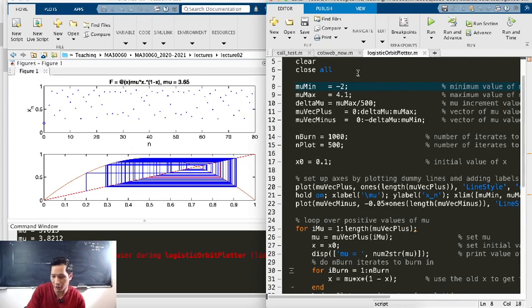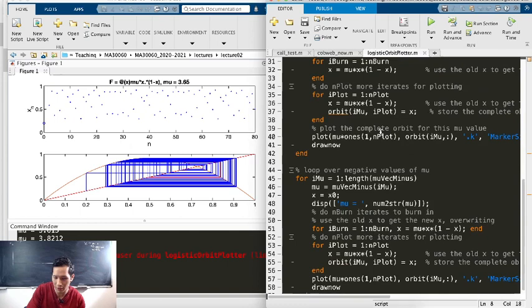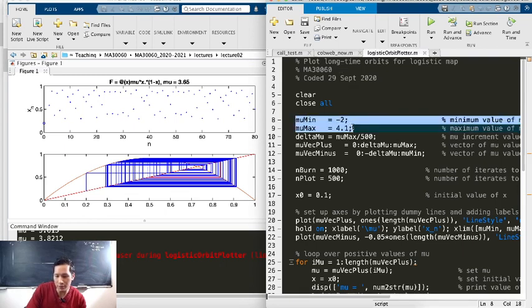And I'm not going to explain the exact details of the code because it's a bit long, but I'll explain to you intuitively what the code is trying to do. What the code does is that it runs between two values of mu.